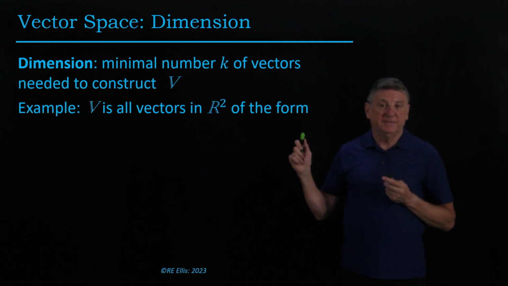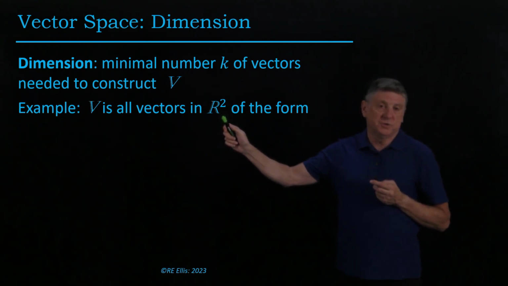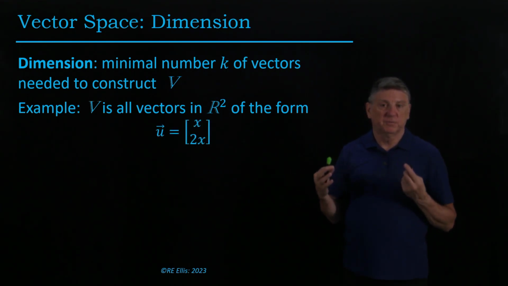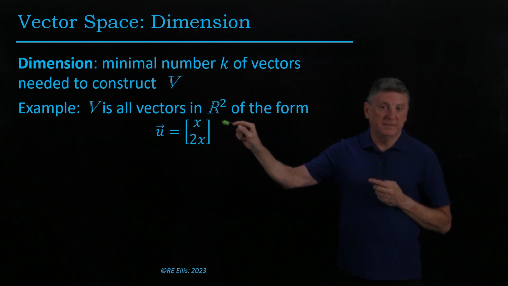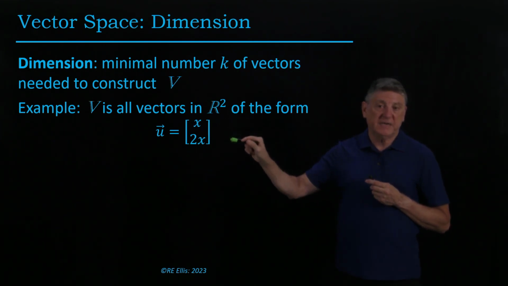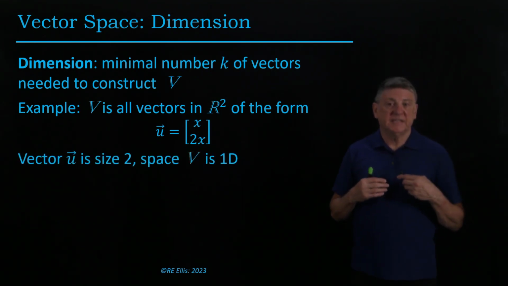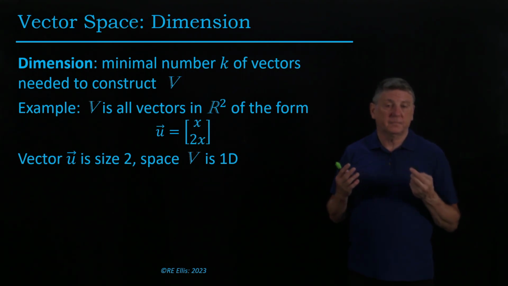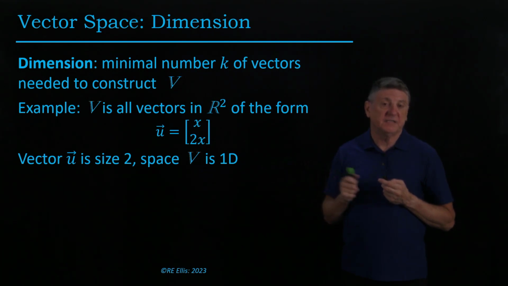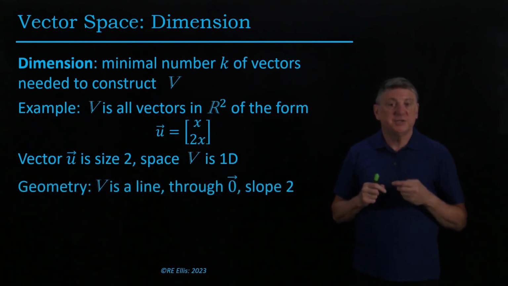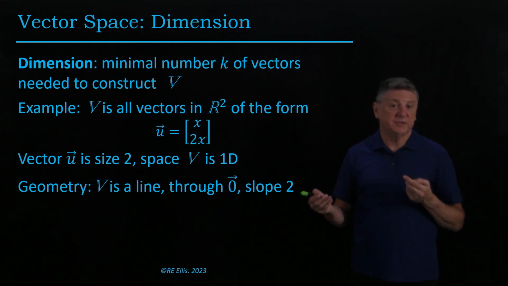So for example, if your vector space is coordinate space 2, 2D, plane, however you wish to refer to it, and you say that all vectors must be of the form, they must have a real number in the first entry and 2 times that real number in the second entry, then what that gives us is a vector space. So the vector u is of size 2, but the space it specifies is only one-dimensional. And geometrically, this happens to be a line through the plane, and it has a slope of 2.